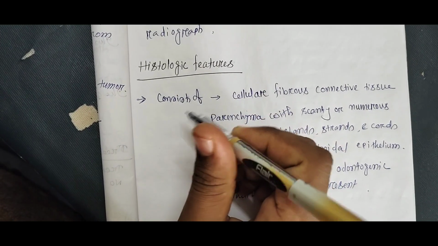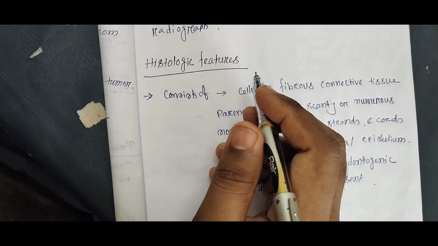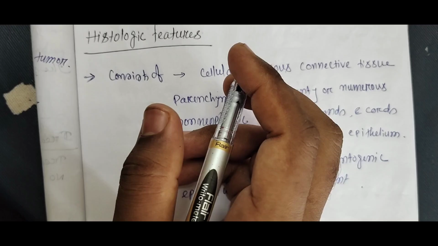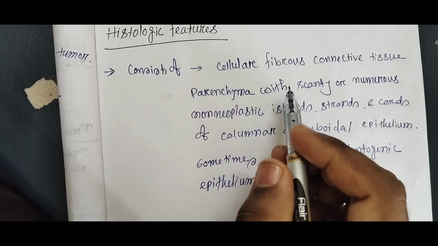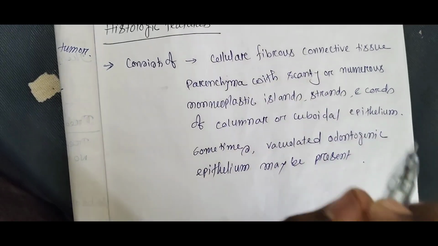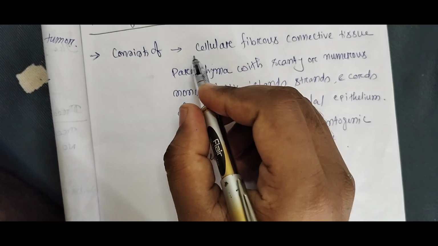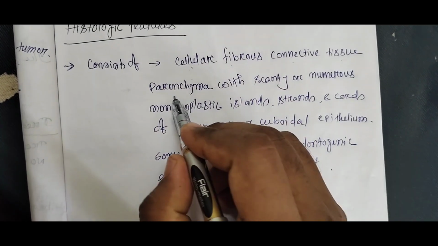Coming to the histological part, we know that this is a type of odontogenic tumor which is arising from the odontogenic ectomesenchyma with or without included odontogenic epithelium. Here you see what is the ectomesenchyme. Here, the cellular fibrous connective tissue parenchyma.